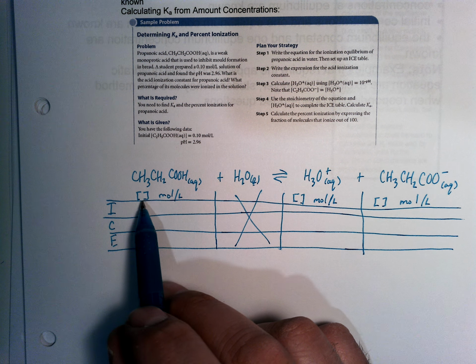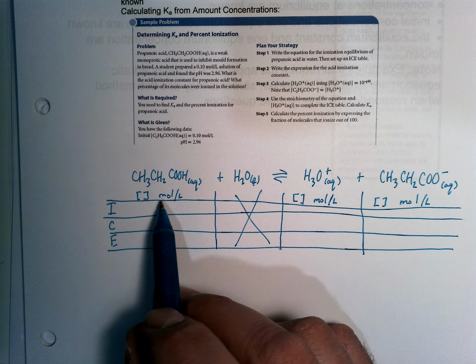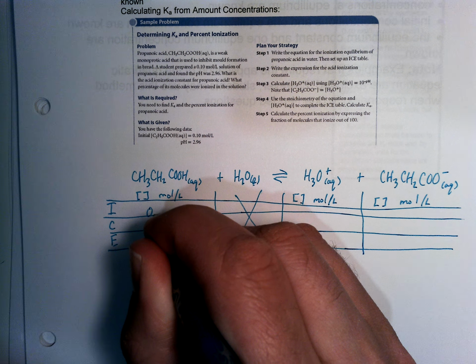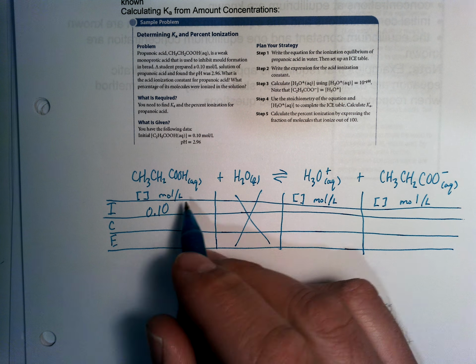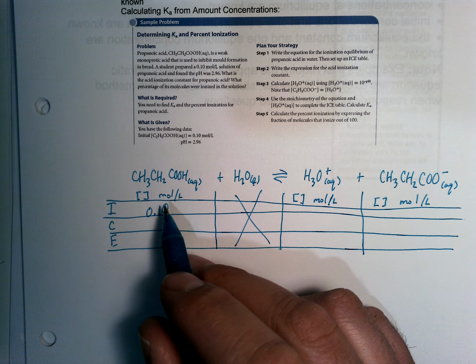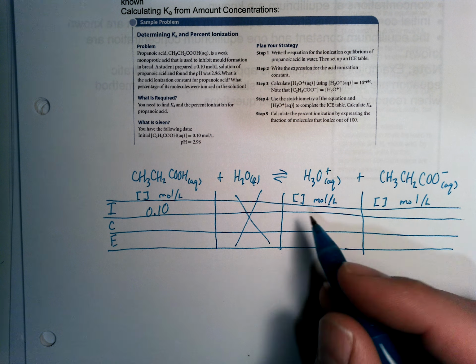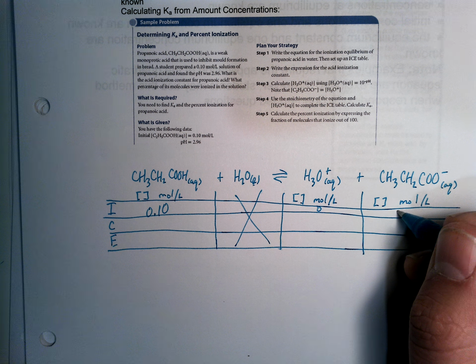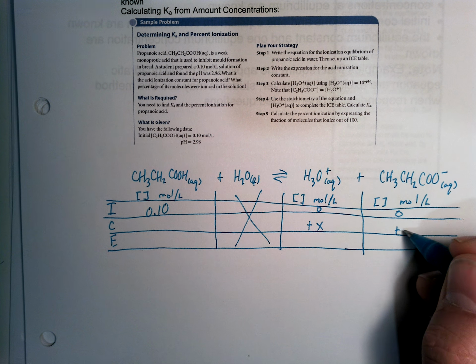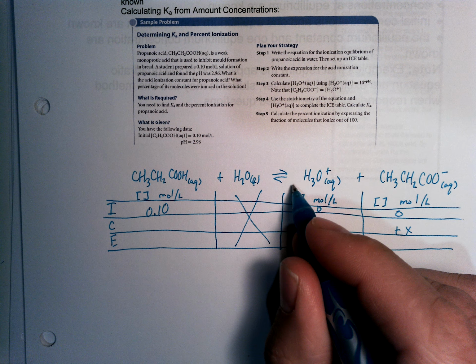Square brackets mean concentration, moles per liter. Our initial concentration is 0.10, and because I wrote moles per liter up here, I don't have to write it beside it. These concentrations both start at 0. They're both going to go up by x because they both have 1 as their coefficient.